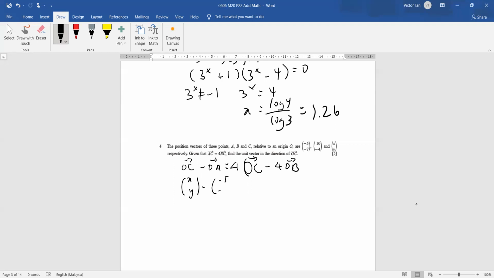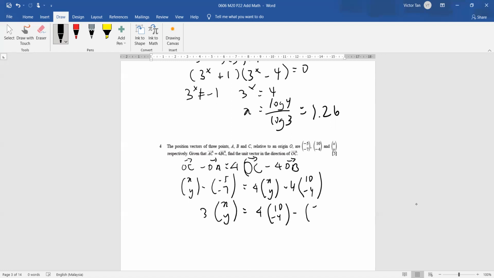minus (5, 7) equals 4(x, y) minus 4 times (4, minus 4). Rearranging, you get 3(x, y) equals 4 times (4, minus 4) minus (5, 7).